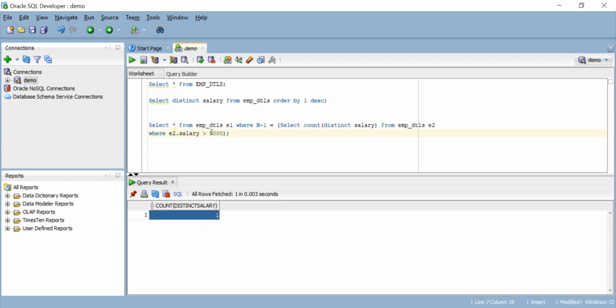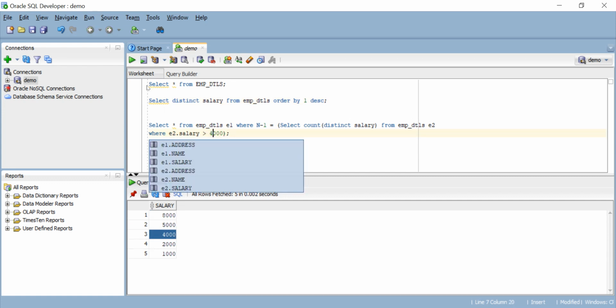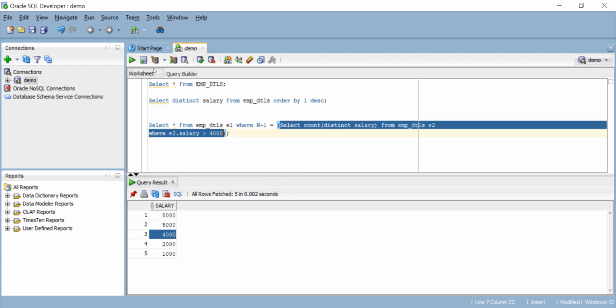Similarly, if we want to find out the third highest salary, that is 4,000. So if we place 4,000 over here for the third record and run it, if we find out the count of distinct salaries above 4,000, that would be 2.